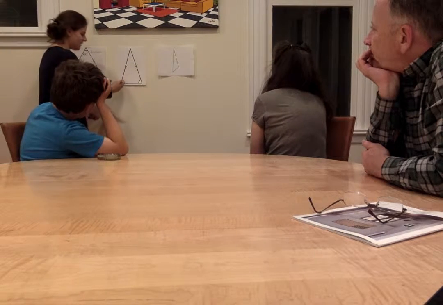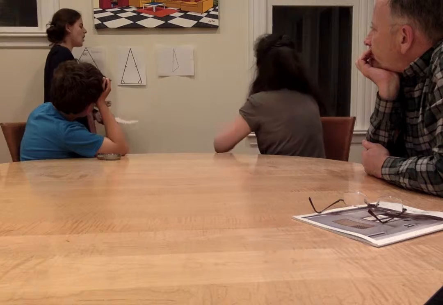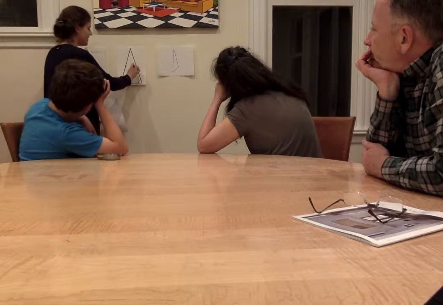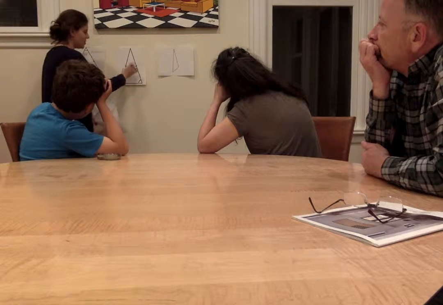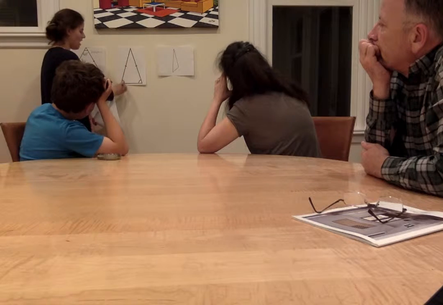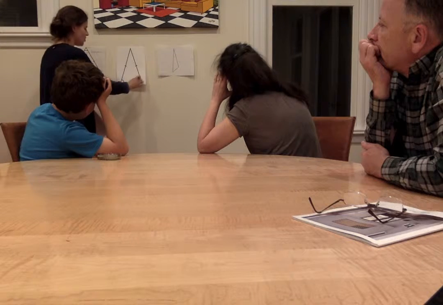And that means also that the angles that are across from the sides, so you can see this is the corresponding angle to this side, and this is the corresponding angle to this side, are the same as well. So, for example, this hash mark means that these two sides are congruent, or the same, and these quarter circles mean that the angles are the same as well.